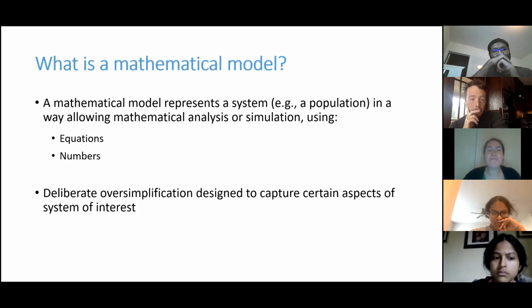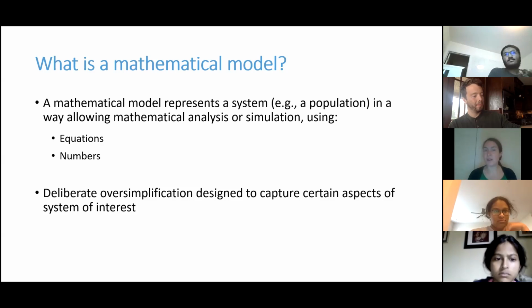It's important to understand that these models are very deliberately oversimplifications that are designed to capture the most fundamental, most essential aspects of a system, in our case, a population with an infection in it, of interest.